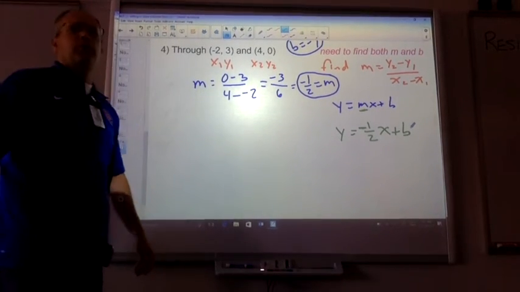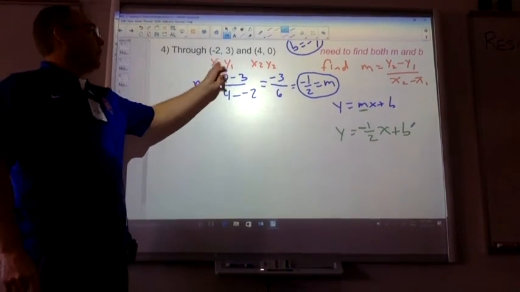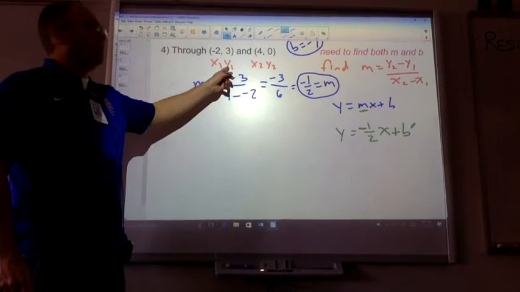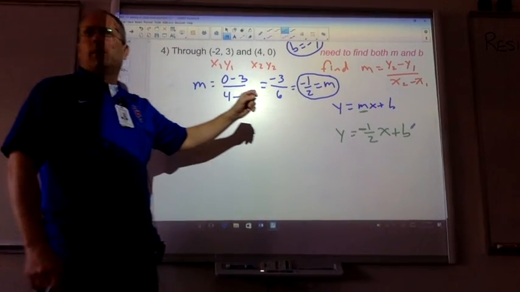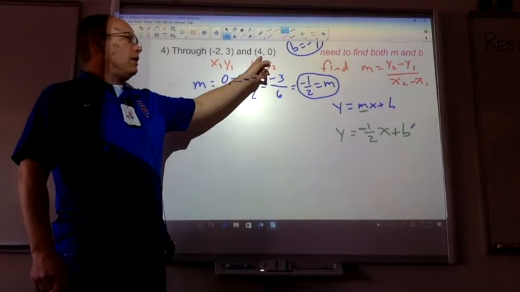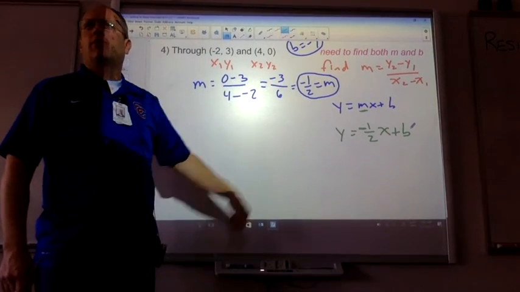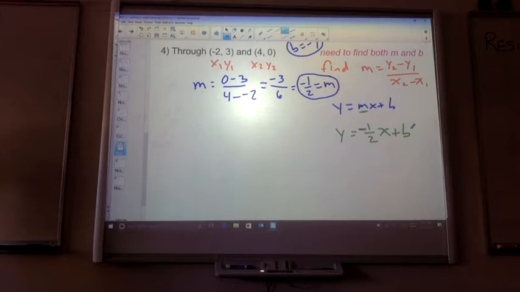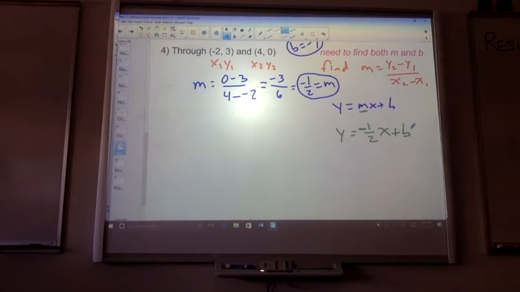So what I want to do here on this problem, some of you might say, well, I'll plug that in for x, I'll plug that in for y, and I can solve for b. And some of you are like, well, wait a minute, what if I plug that in for x and that in for y and solve for b? Let's check it out. What do we feel comfortable that we know so far? I know the slope is -1/2, so I know y equals -1/2 x plus b. So let's see what would happen if I had this. So I know this for sure.